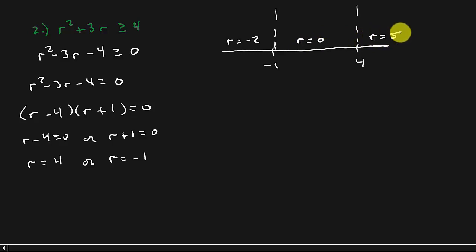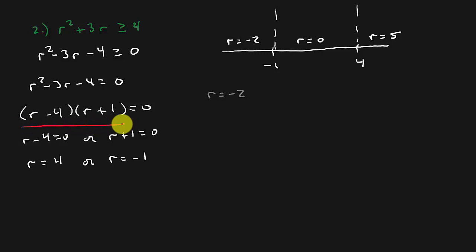Now we want to test each one. So we've got r equals -2. Remember, we can plug it into this one, or we can come down here to where it's factored, just because it's easier to do.